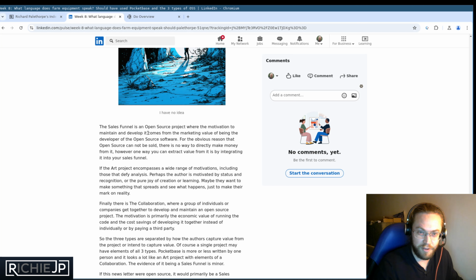The sales funnel is an open source project where the motivation to maintain and develop it comes from the marketing value of being the developer of the open source software, for the obvious reason that open source cannot be sold. There is no way to directly make money from it. However, one way you can extract value from it is by integrating it into your sales funnel. I guess actually there is one exception.